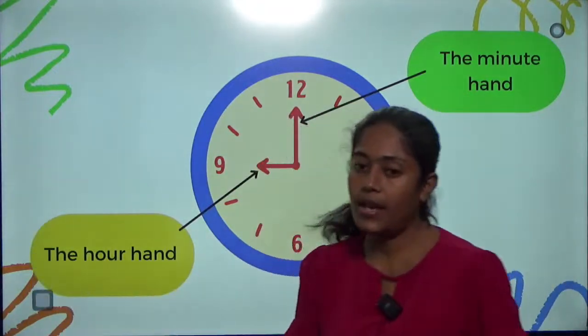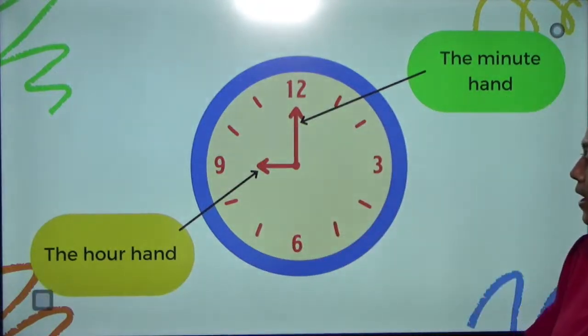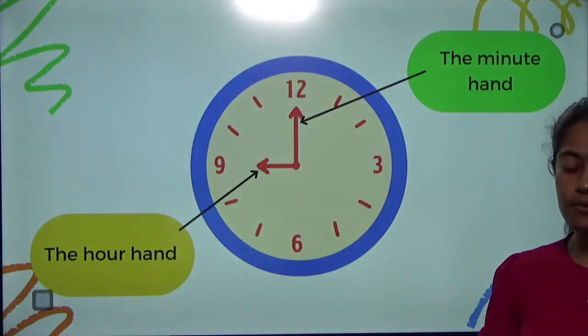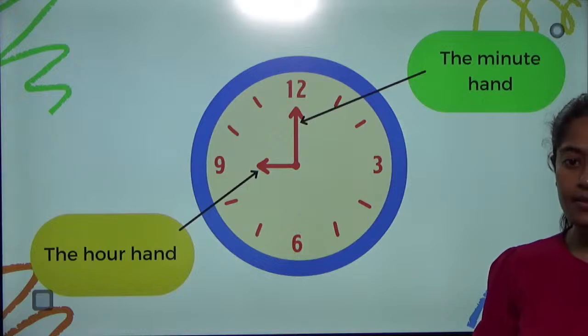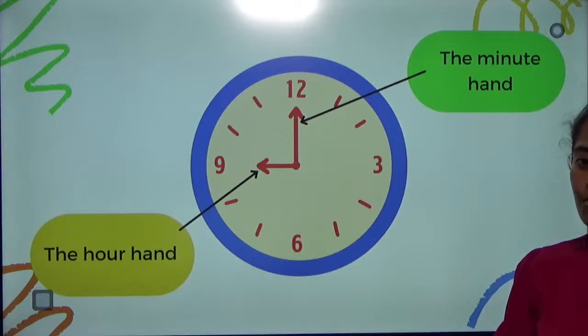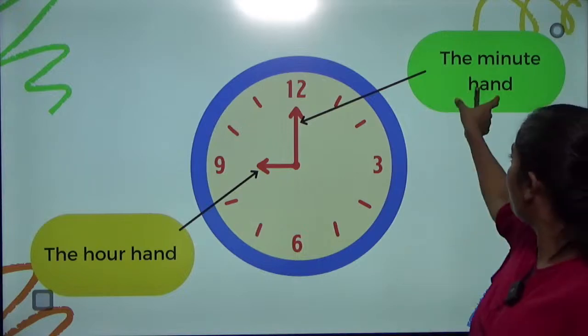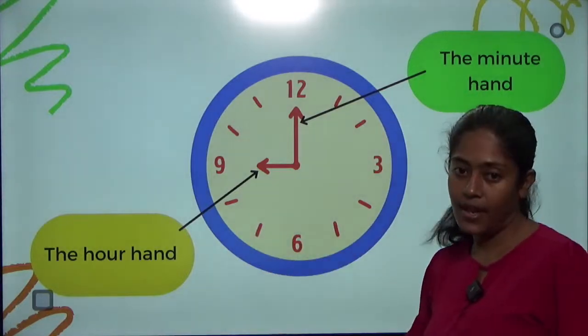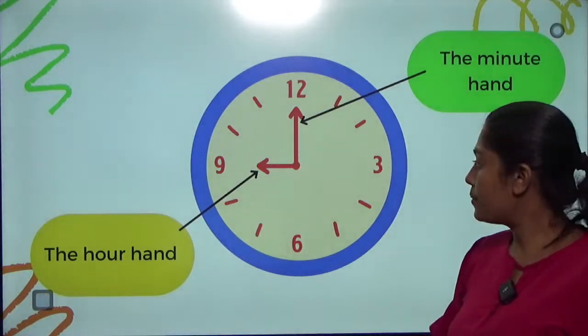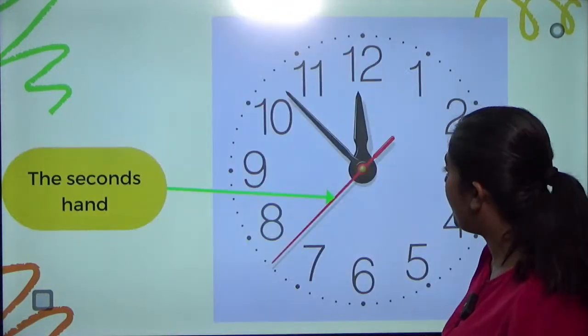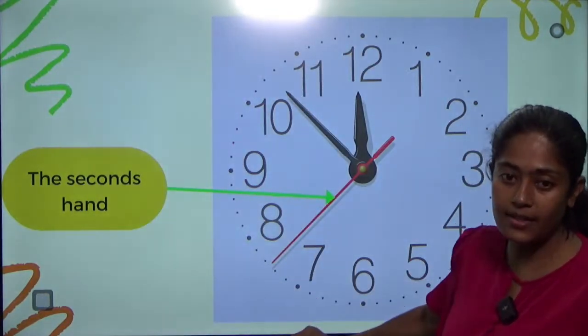I have explained what the hour hand and the minute hand are. This one you have to note down. Draw a clock face and mark the minute hand and the hour hand. In that same figure you can mark the second hand also like this.